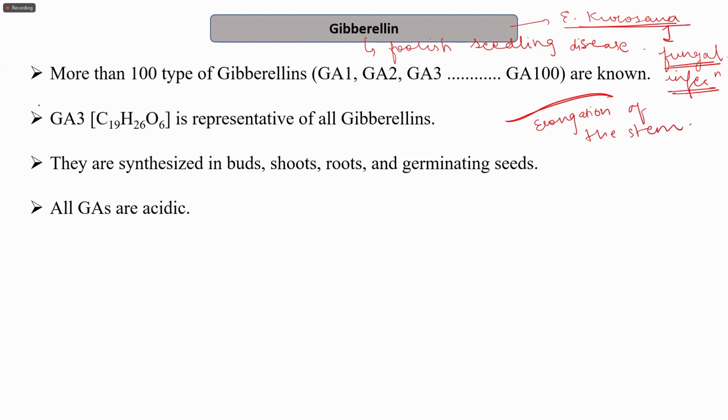More than 100 types of gibberellins, that is, GA1 to GA100, are known. However, GA3 is the first one to be identified.